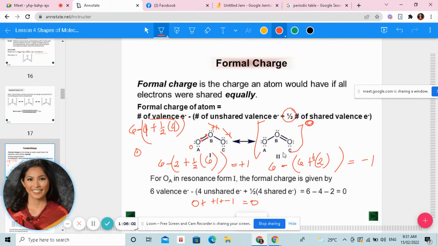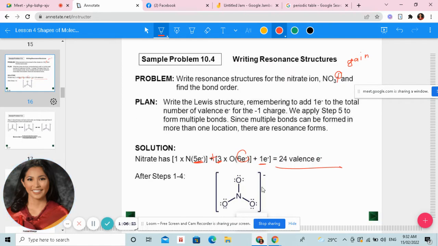That's why your ozone has only this structure. Nothing is written there, because unless written, it is always given that it is 0. So it is neutral. Unlike your nitrate, it is charged. It is an ion. It has a formal charge of negative 1.